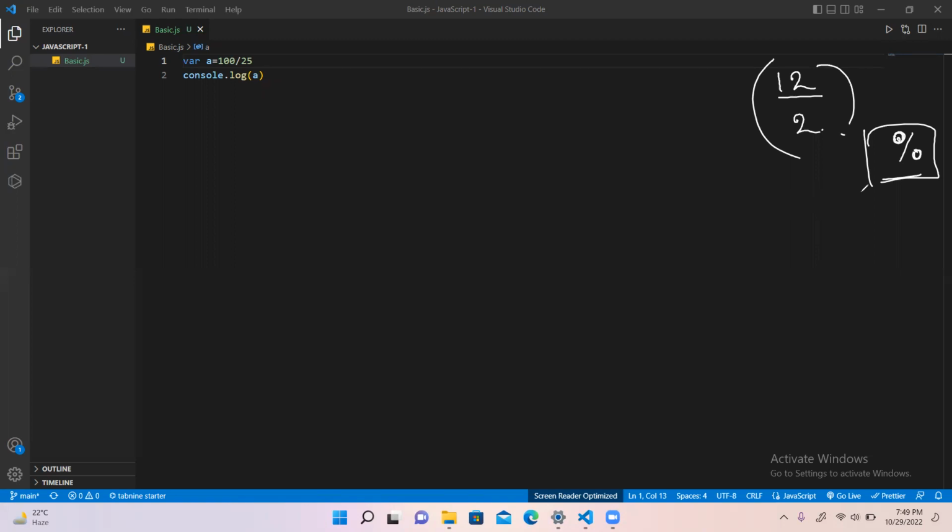But when you write inside a code and use this symbol, like 12 percent 2, what is your expected answer? I think all of you are thinking the expected answer is 6, but no. We get a remainder. Okay.